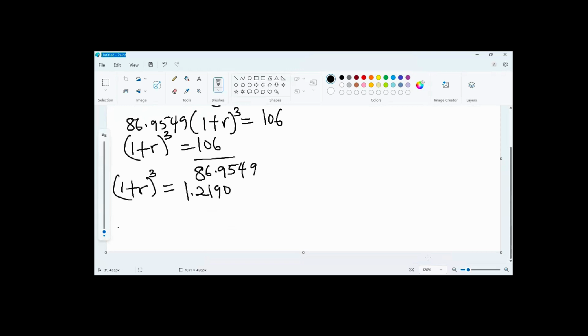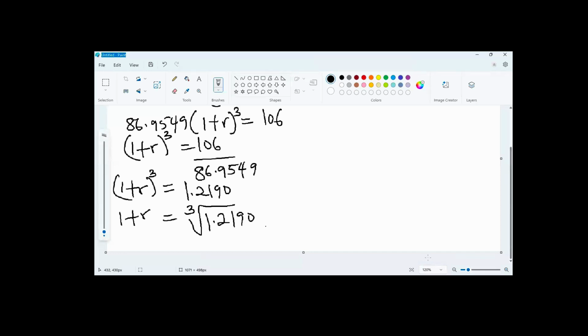I can now say my 1 plus R. If I move raised to power 3, it becomes the cube root of 1.2190.